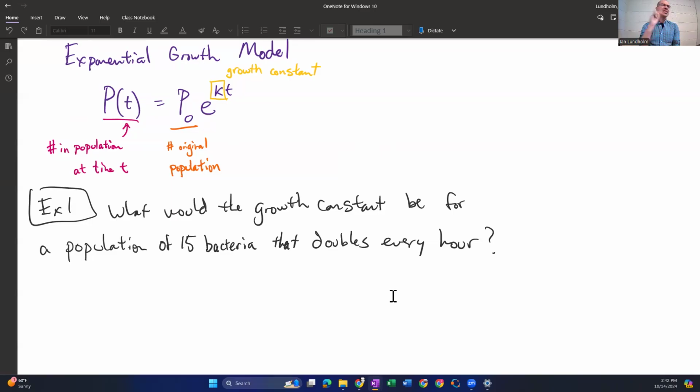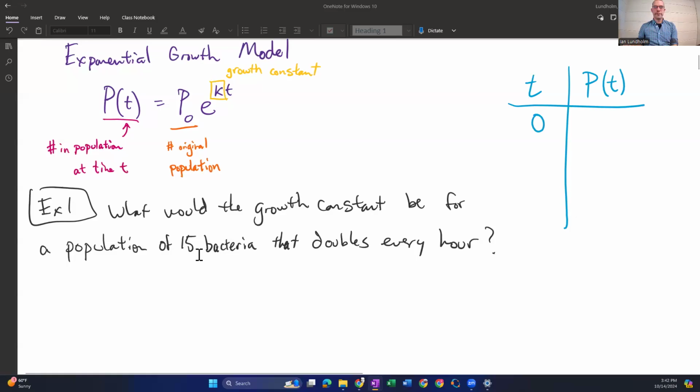Let's do a quick table. If we were going to try to model out this situation, and we had time t and population as p of t, as an initial state, it seems like we should have 15 bacteria in our petri dish.